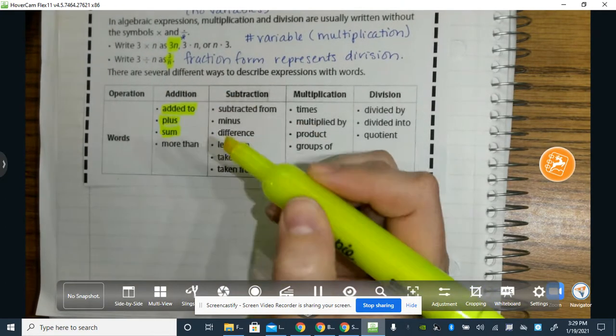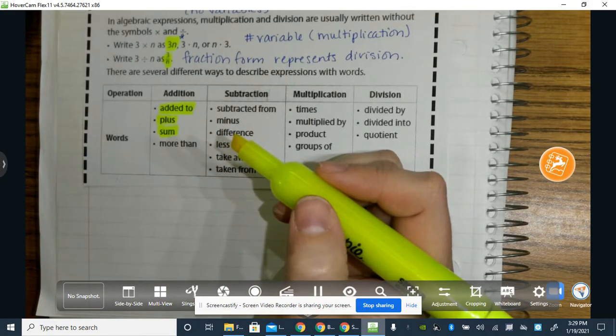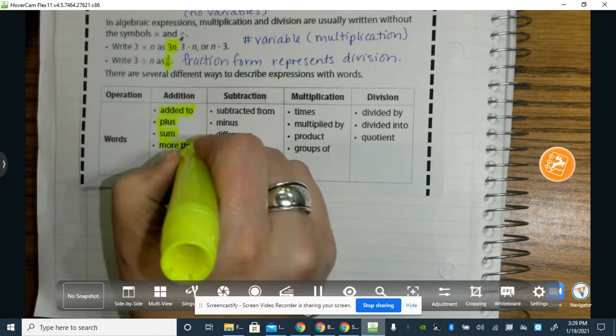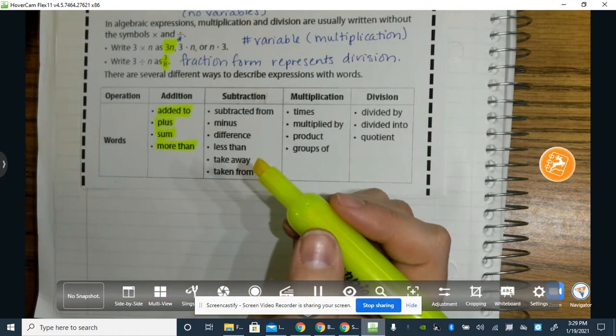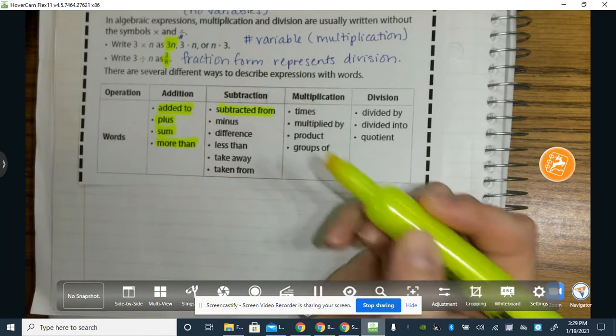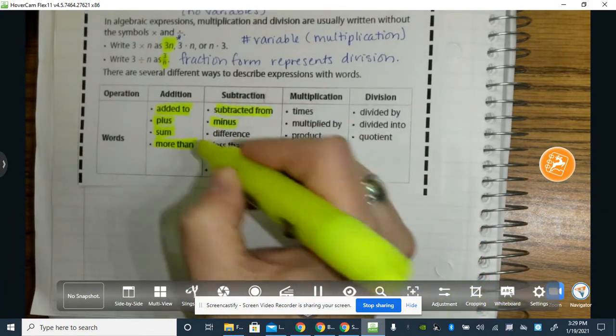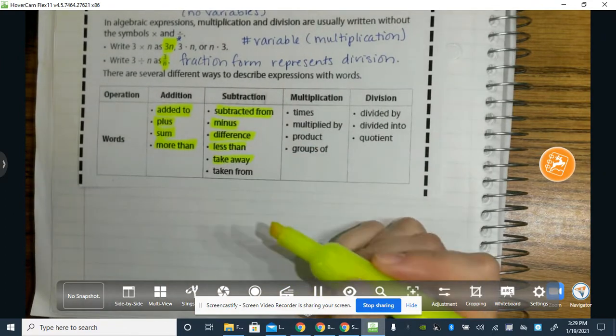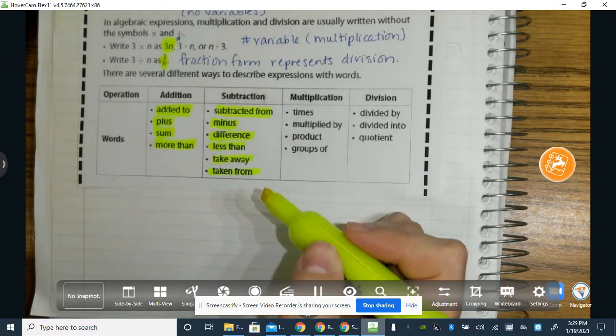The sum of 3 and 2 is 5. More than. So those words are associated with addition. The words associated with subtraction are subtracted from, minus, difference, less than, take away, and taken from.